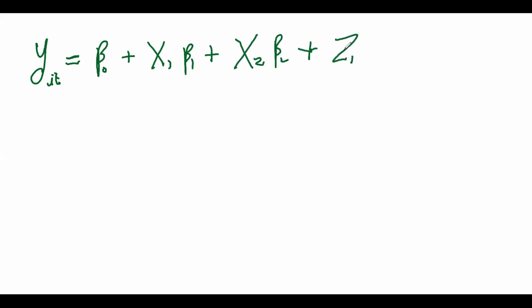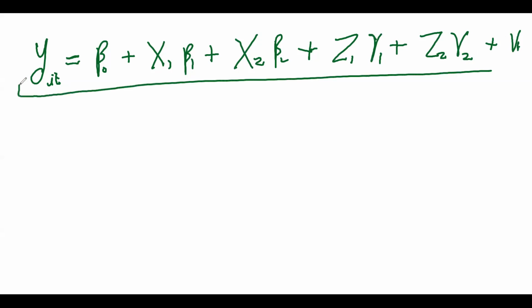Z1. Z1 is indicating here time invariant variable. So let it be gamma 1 and Z2 here gamma 2, right? And this is the error term v_i. So this is the Hausman Tailor test.